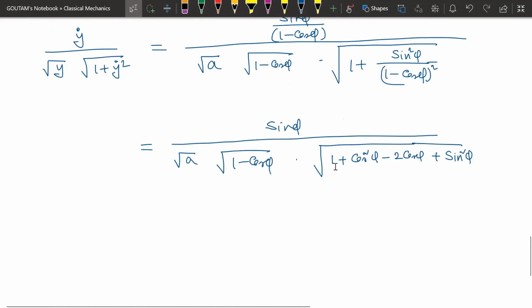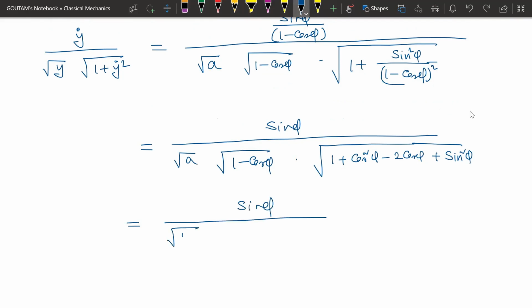There is already a 1 here, so 1 plus 1 will be 2, and then 2 minus 2 cos φ. So we will take 2 common, then we will get sin φ by root under 2a, root under (1 minus cos φ).